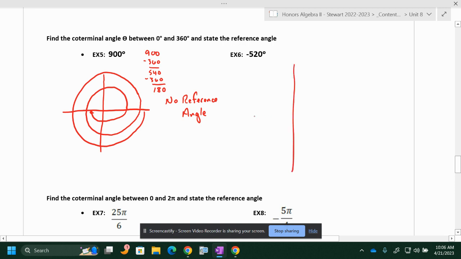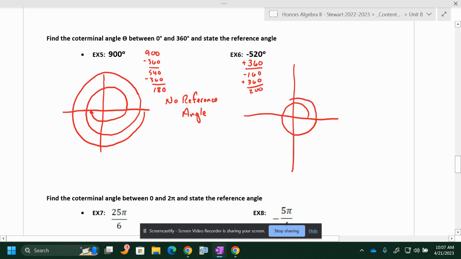We're going to do the same exact thing here with negative 520. I want to get between 0 and 360, so I'm going to add 360. Negative 520 plus 360 is negative 160. So I'm going to add 360 again, and I'll get 200.